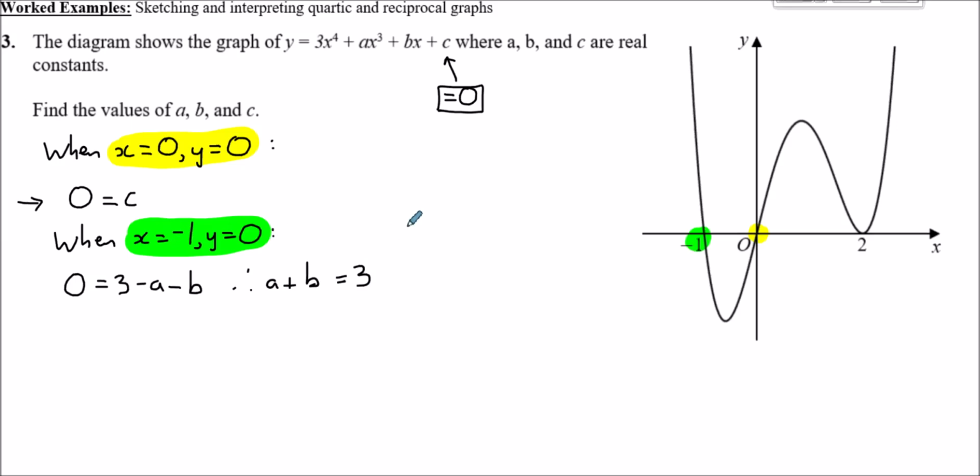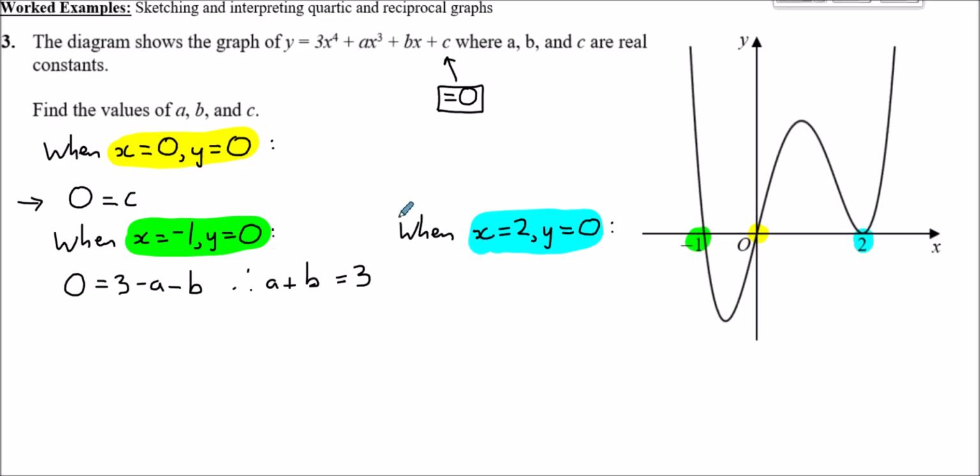Now what we're going to do is think about when x is 2, this one over here. Okay, so when x is 2, y is 0. And we know that just by looking at the third and final, albeit repeated, root.